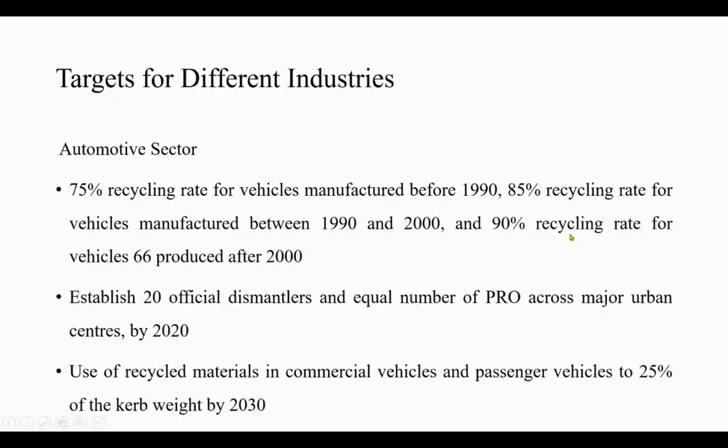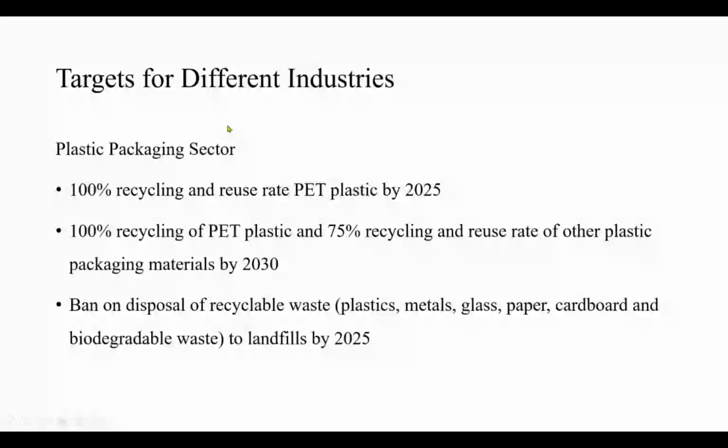Targets for different industries. If we are talking about targets for different industries, then the plastic packaging sector comes into the picture. Why? Because of 100% recycling and reuse rate of PET plastic by 2025, and 75% recycling and reuse rate of other plastic packaging material by 2030.